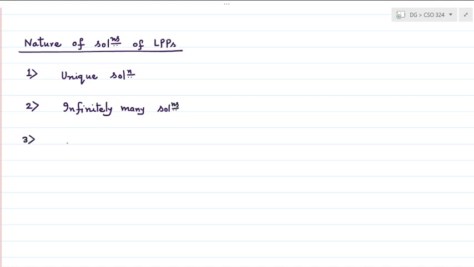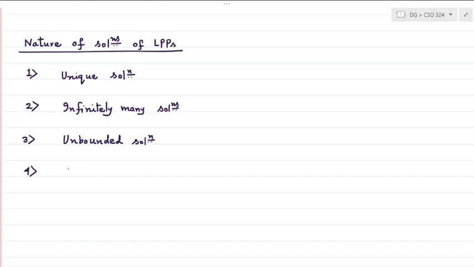Then there is a possibility of unboundedness of the feasible region. Such a case is called an unbounded solution of the problem.